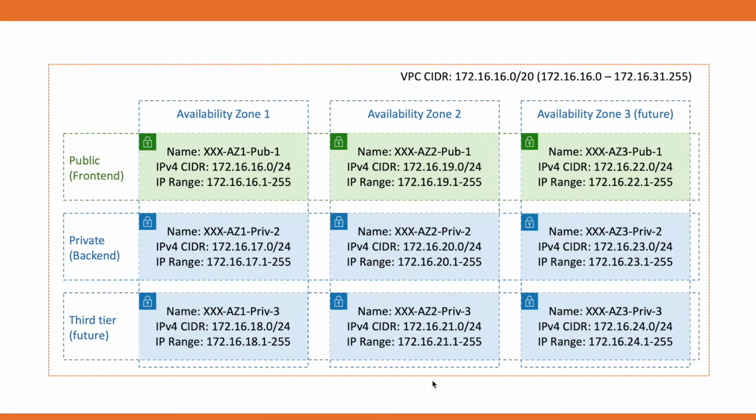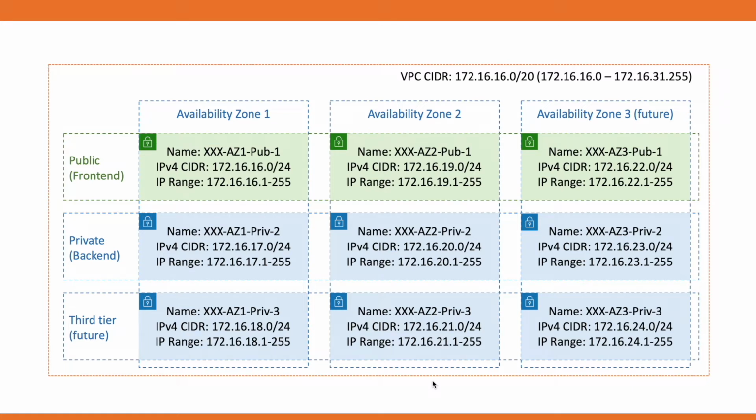Now let's come to the most important part of this video, the architecture and the IP networks of our VPC and associated subnets. For this example, we will consider configuring our resources in 2 availability zones and configure a 2-tier architecture with resources in a public front-end and a private back-end subnet.